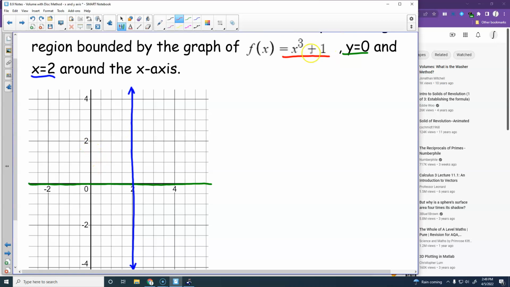So 0 cubed plus 1 is going to give you 1. 1 cubed plus 1 will give you 2. And then 2 cubed plus 1, oh, my graph is bad, isn't it? Because 2 cubed is going to be 8 plus 1. I need this to go up to 9. So it's going to be like up here. We can get the idea of what we need from this.